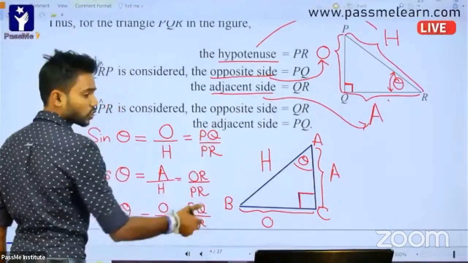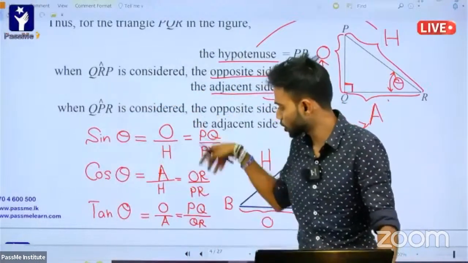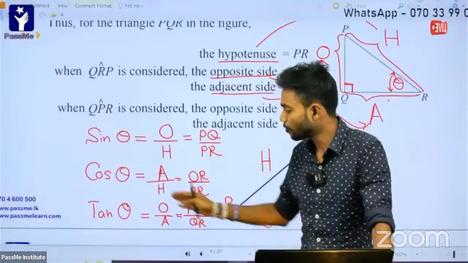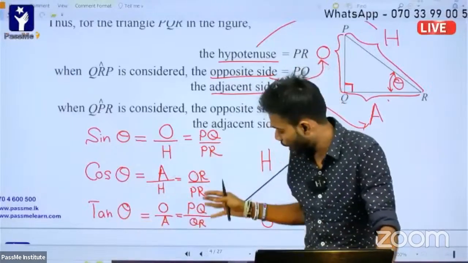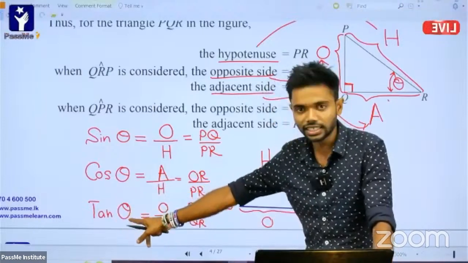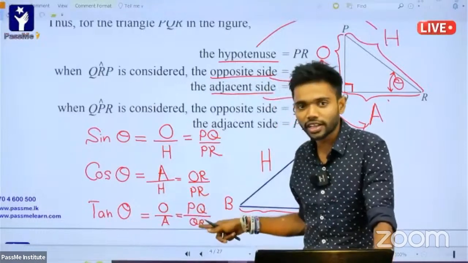So these are the trigonometry ratios we need to understand, right? And also the relationship between each side of the triangle and this theta angle. Theta angle is here. You can see theta is there, right? And also other sides of the triangle are there, right?